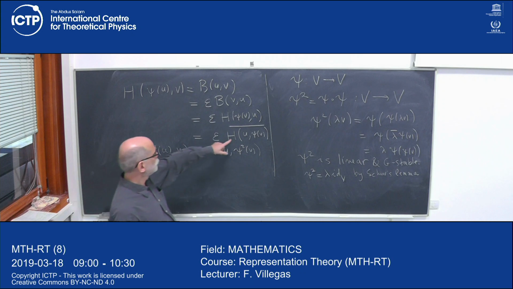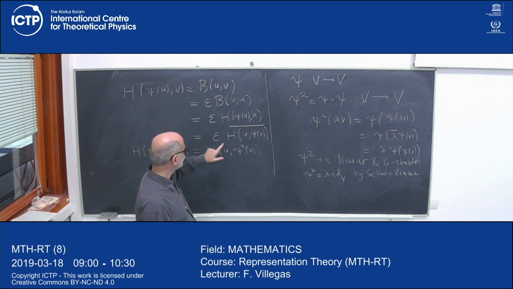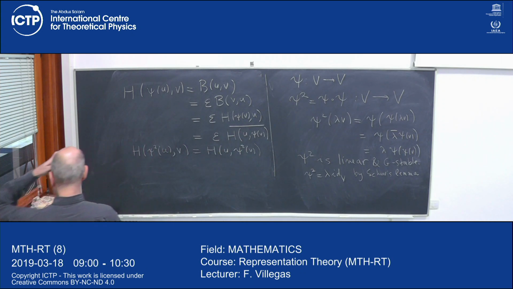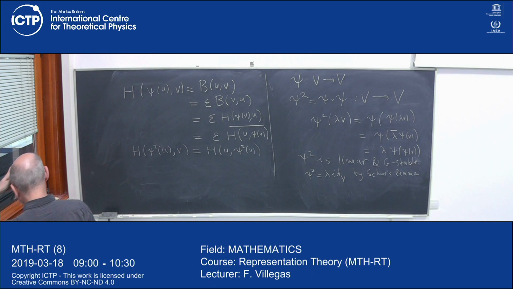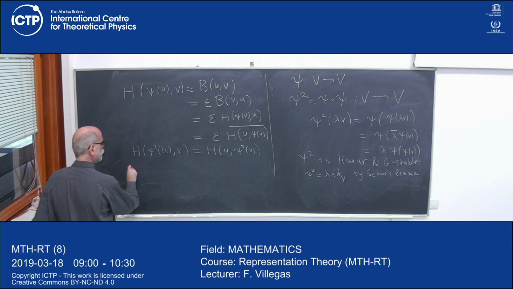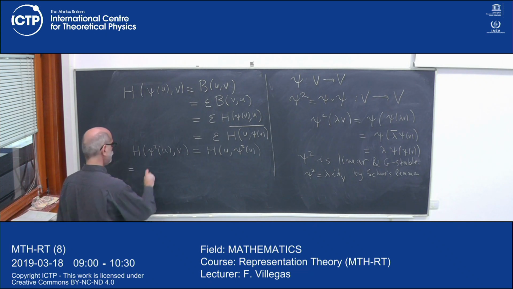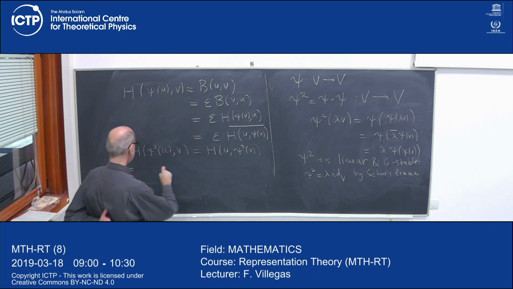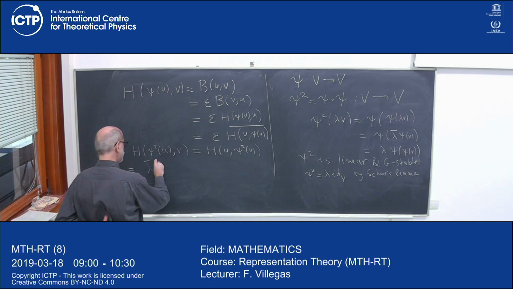We do this again, there'll be two conjugates and epsilon squared. Epsilon squared is 1. Now, this psi squared of u is lambda u, which comes out of h as lambda bar.